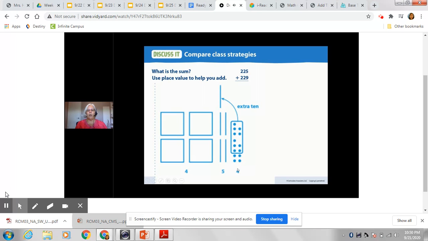Next, they counted up all of the 10s, 1, 2, 3, 4, 5, and wrote a 5 at the bottom of the 10s column. And then they counted the number of 100s, which was 4, and got the answer of 454. That's one way to solve the problem. But we really want to try to solve the problem using our place value. So let's look at another example and see how these examples are similar.